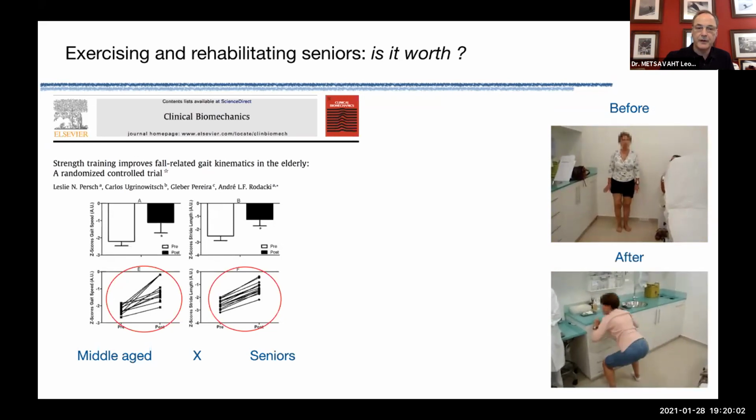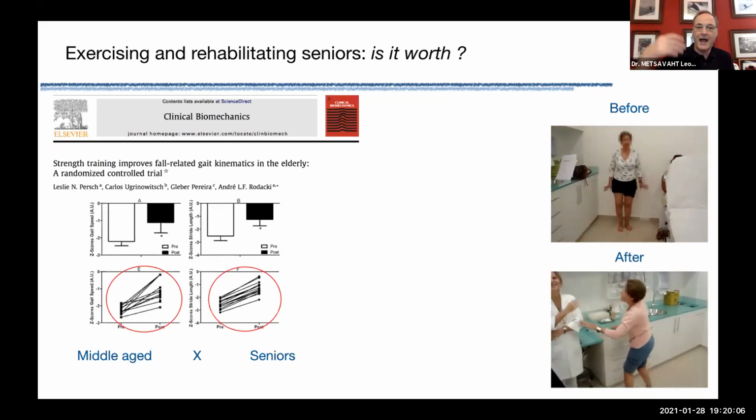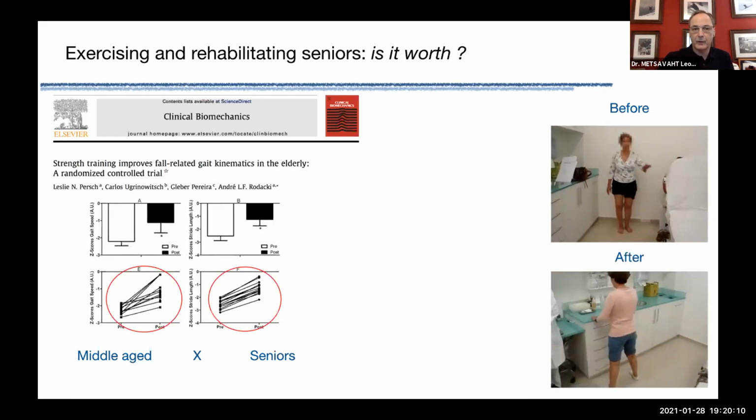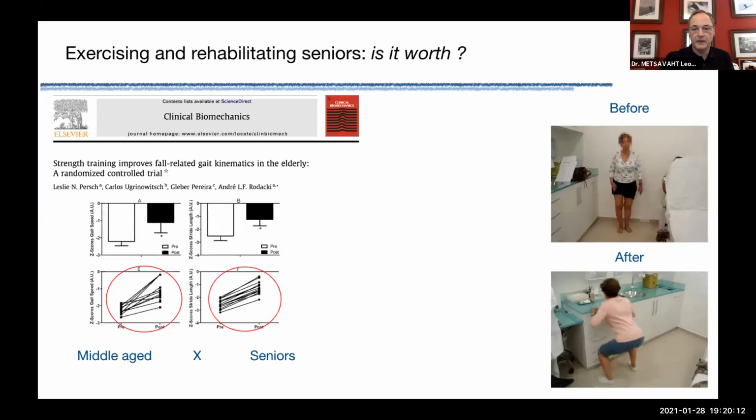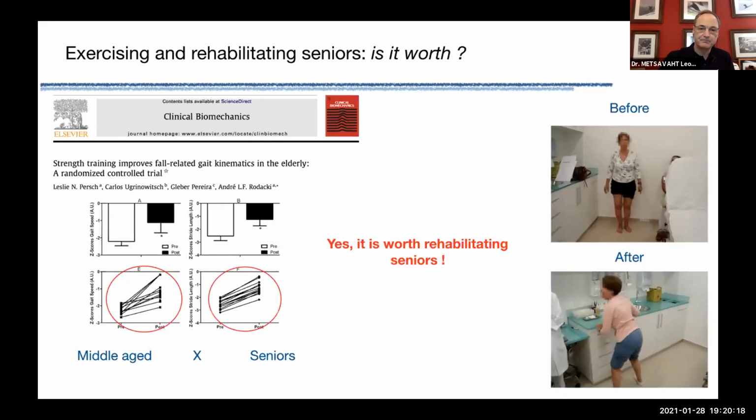So it's worth, yes, you can prolong the joint life with adequate rehabilitation, with adequate reconditioning of the muscles, the joints, okay? So it's worth rehabilitating seniors, yes.